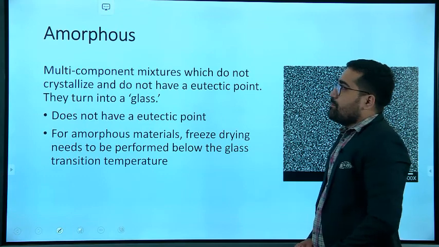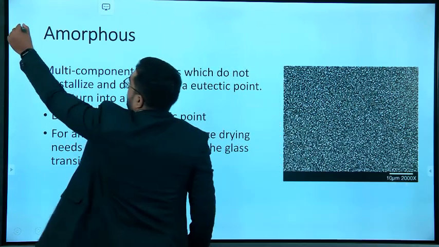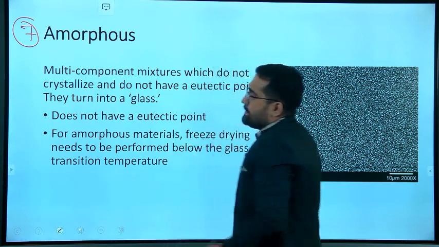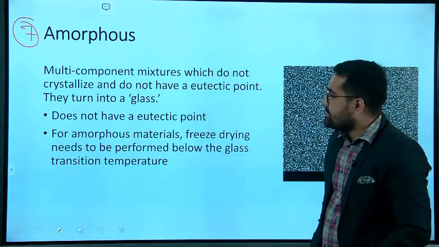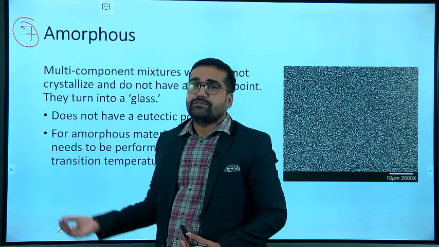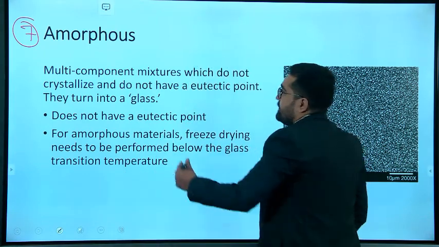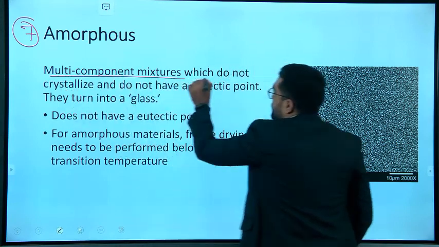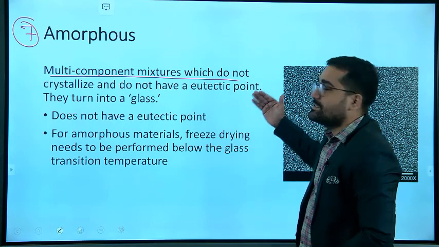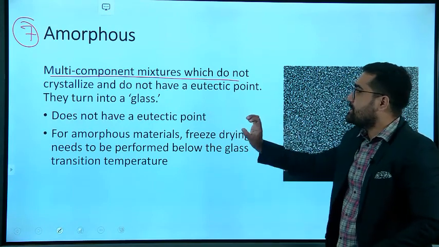Next term is amorphous. As we know, our food materials are a mixture of products. Suppose we are dealing with ice cream or milk, it is not a single product, it is a mixture of products. So, these products do not crystallize at the same temperature.